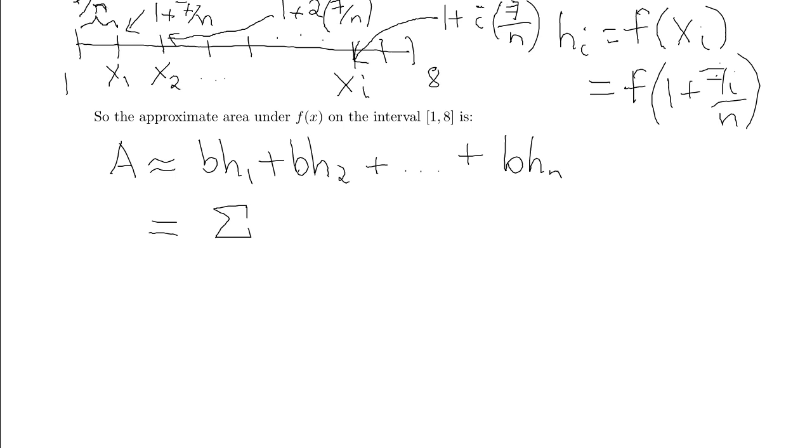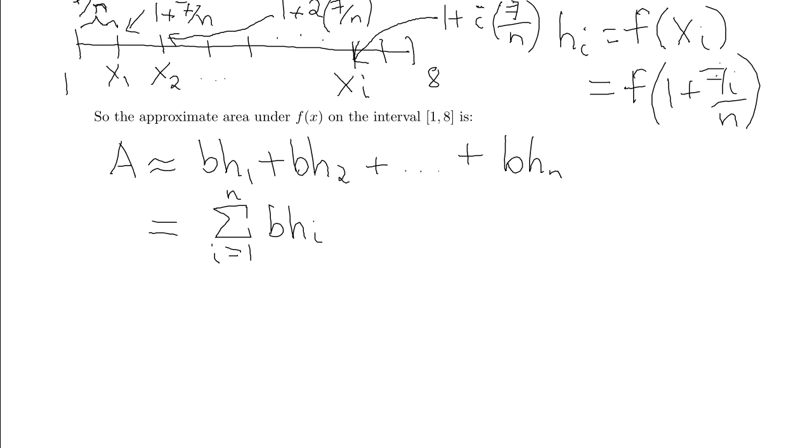But these h's, we go from h1 to h2 to h3 all the way up to hn. And so we can see that our index is starting from 1 and it's going all the way up to n. So on the bottom we're going to say i starts off equaling 1 and it finishes when it equals n. And so what are we going through each time? We're doing the area of the rectangle each time. So it's base times height i. So those two expressions are actually the exact same.